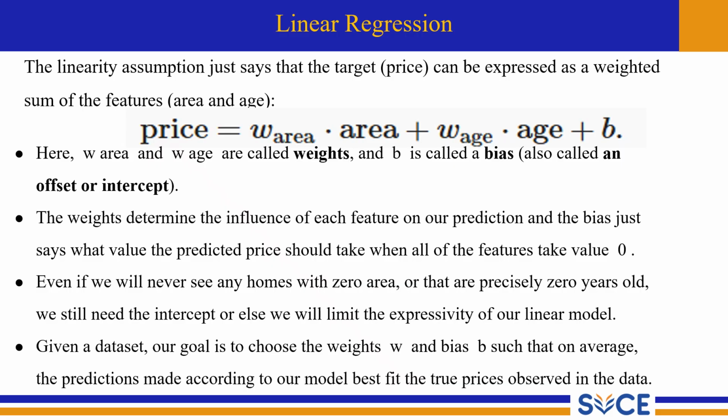The linearity assumption says that the target variable, such as price, can be expressed as a weighted sum of the input features, such as area and age. In this equation, the terms W_area and W_age represent the weights, which determine the relative importance of each feature.